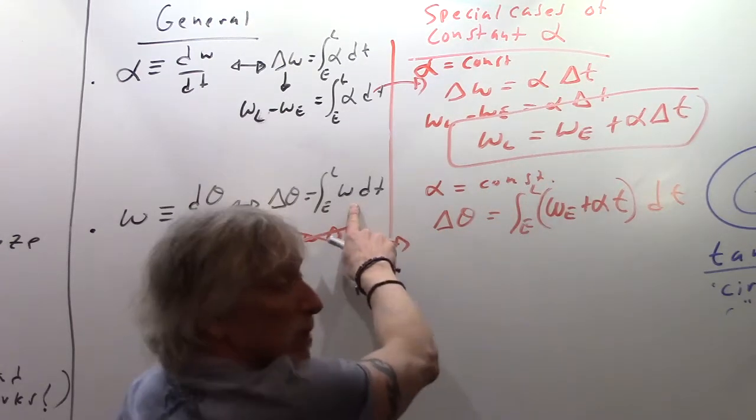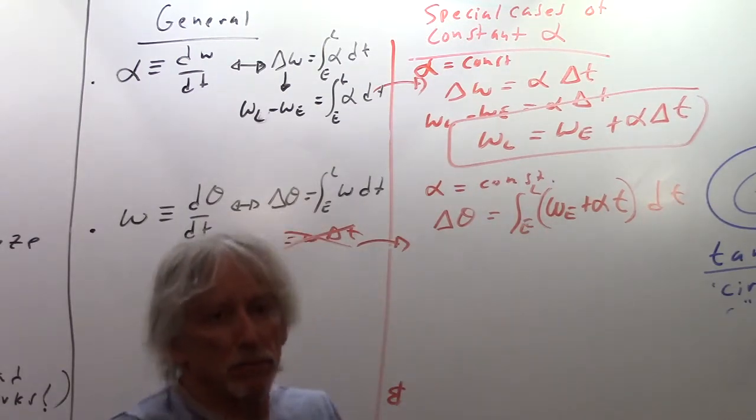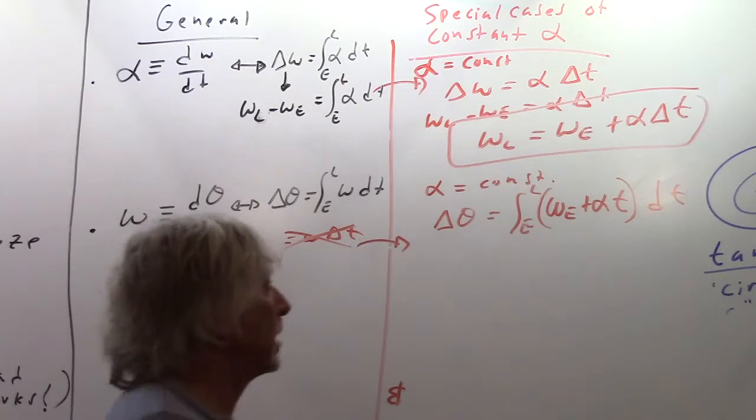You could have different equations here. Omega earlier is just whatever it is, so it doesn't change; it's omega at that time.